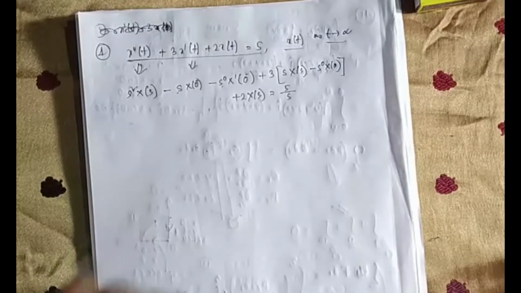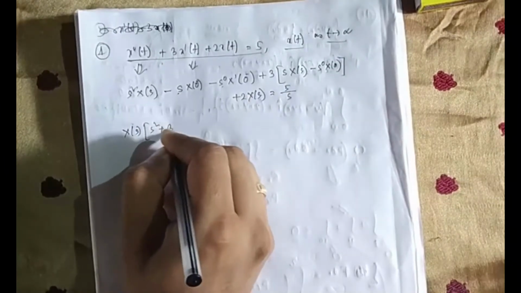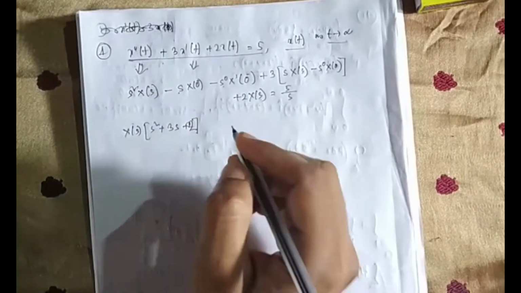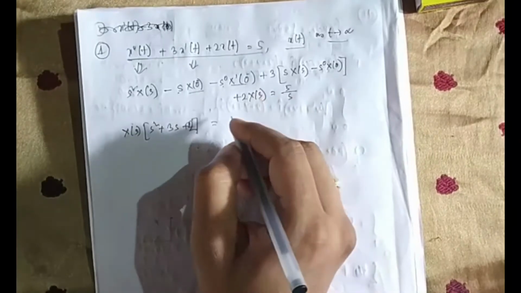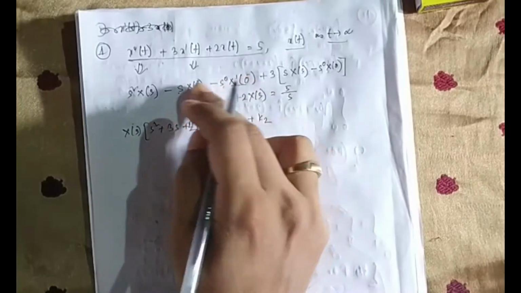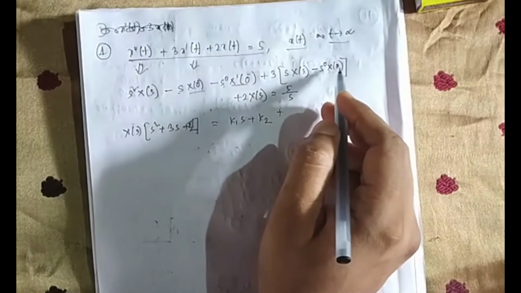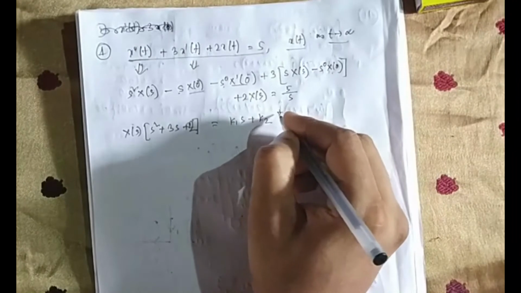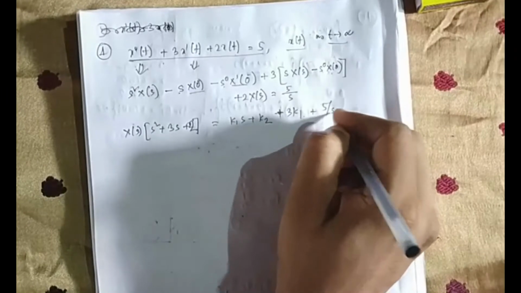If you take X(s) to one side, taking X(s) common, it is s square plus 3s plus 2. s square plus 3s plus 2 is equal to, suppose this is k1, this is k2, so you will write k1 s plus k2, these constants suppose because nothing is given, and then plus this, I have also taken k1, so it will be plus 3k1, and then it is 5 by s.